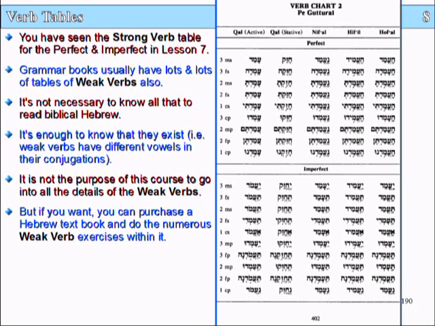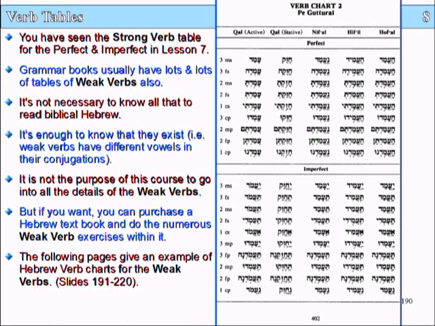But weak verbs only account for 1/3 of the verbs in the Bible. So it's an exercise in diminishing returns. It is important, but it's not nearly as important as the other lessons previous to this.